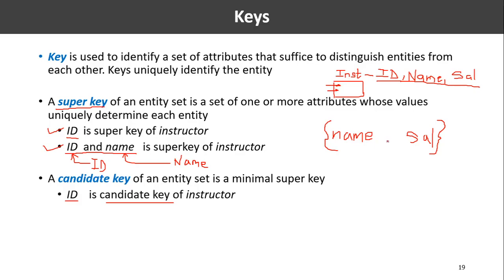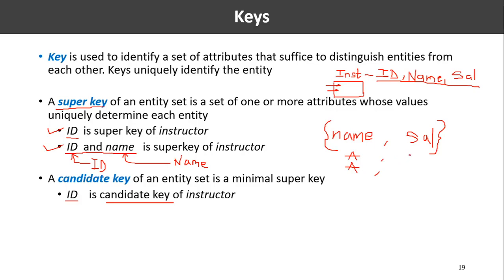But if I assume that if two instructors are having same names, they are having different salary always. Let us assume, this is my assumption and this may not be the reality, but just to understand the concept I am giving you one example. Let us assume that if I am having two instructors with the same name, say for example name A, then their salaries are different.